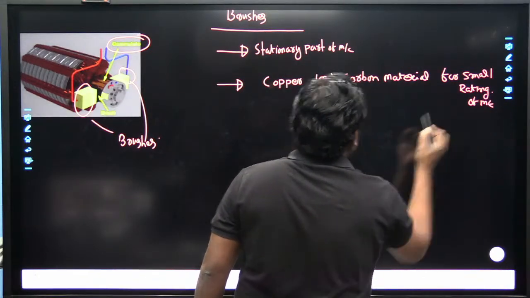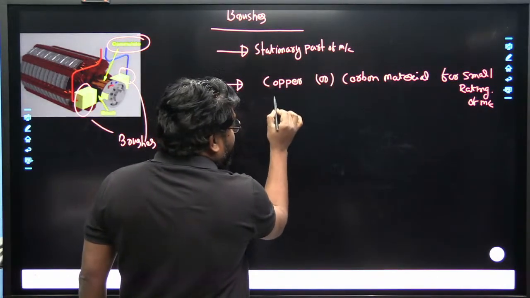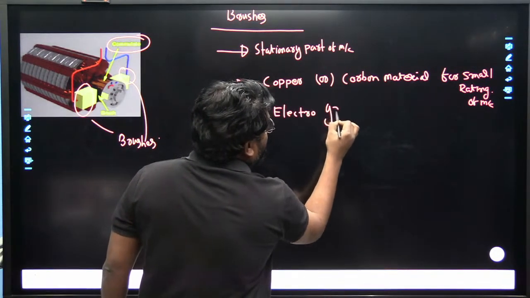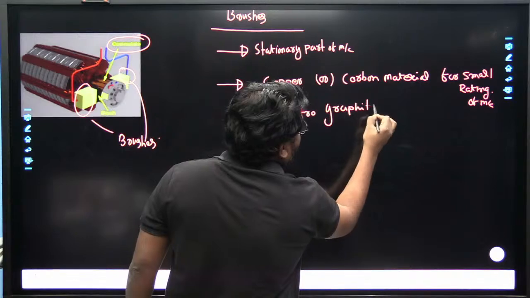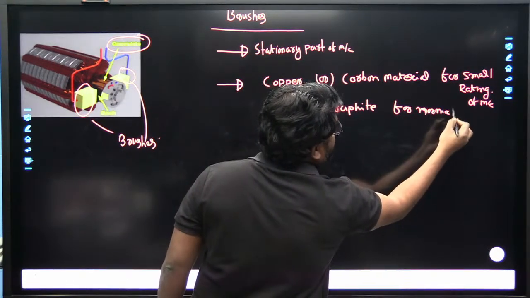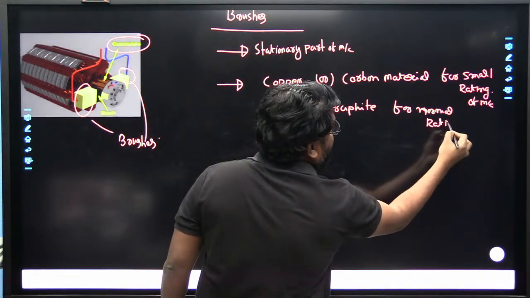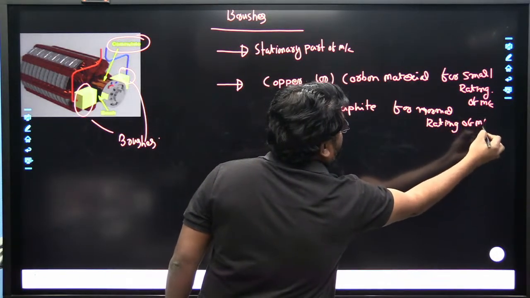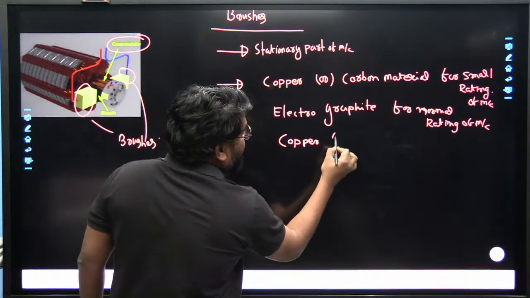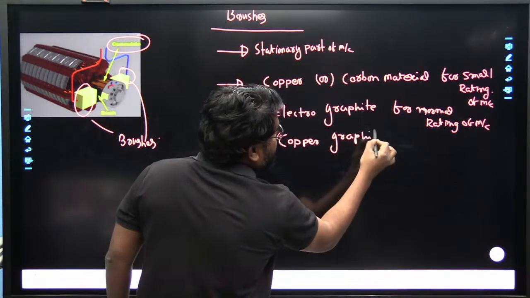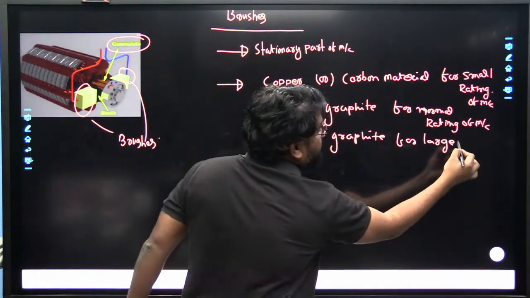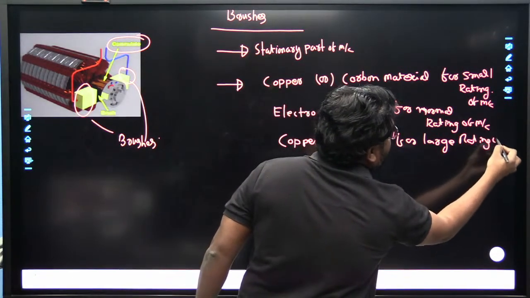Next is electrographite, the graphite for normal rating of the machine, and next is copper graphite for large rating machines.